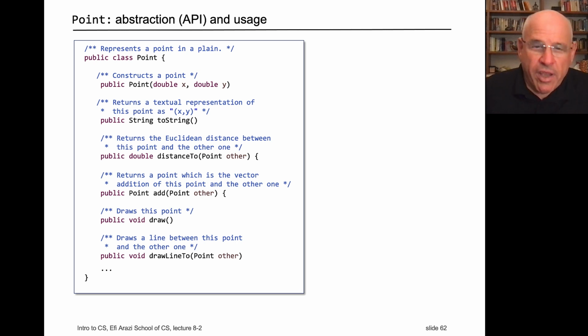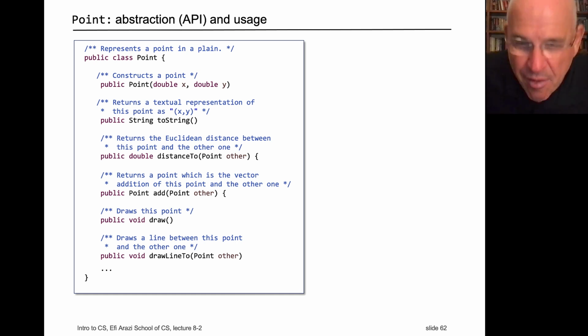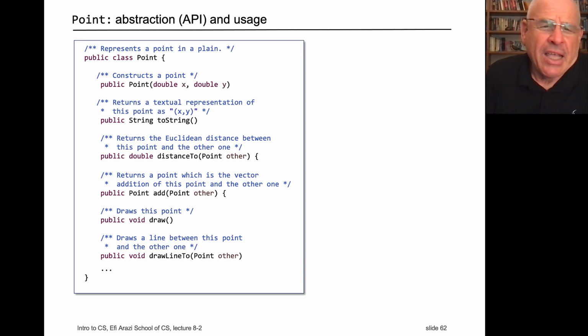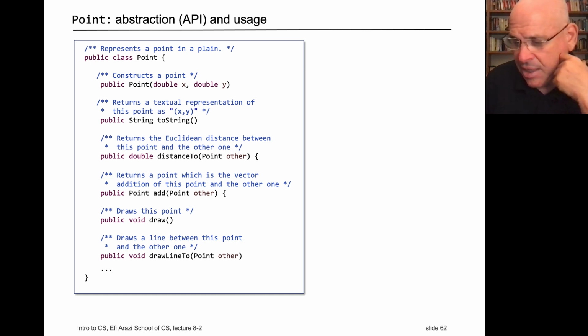There's a whole story here which we don't have time to tell, and I didn't even make up the story, but I assume that someone wants us to create this point class, and we are operating in a certain context based on the requirements of the application. So that's kind of a side story that you have to keep in your mind.